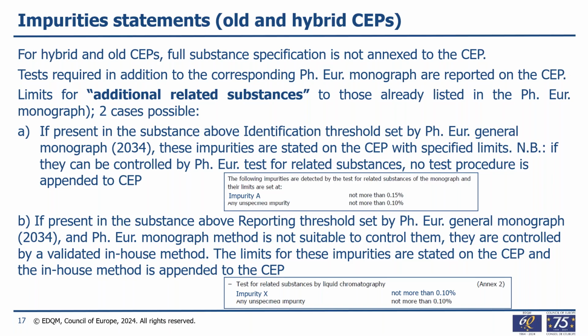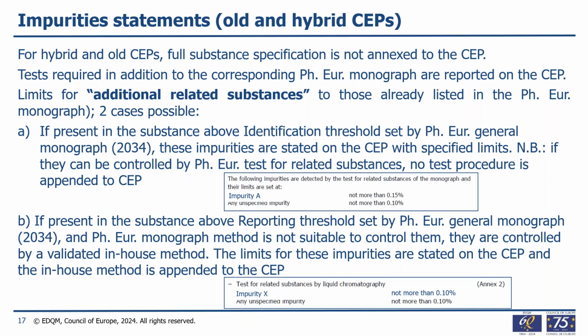So if an impurity is present in the final substance above the identification threshold of the General Monograph 2034 Substances for Pharmaceutical Use, these impurities are stated on the CEP and they should be specified with specified limits. If they can be controlled by the test for related substances described in the monograph, the test procedure is not appended to the CEP.